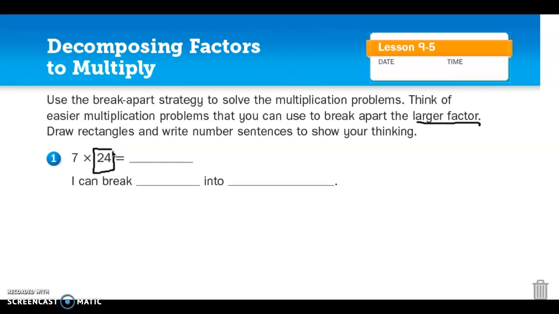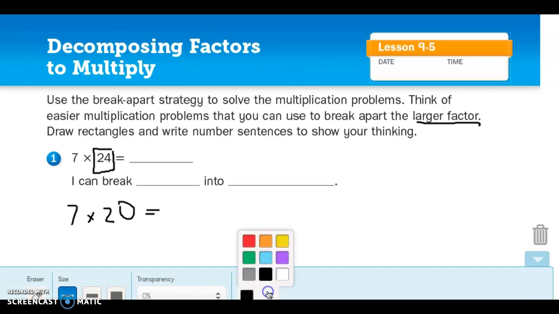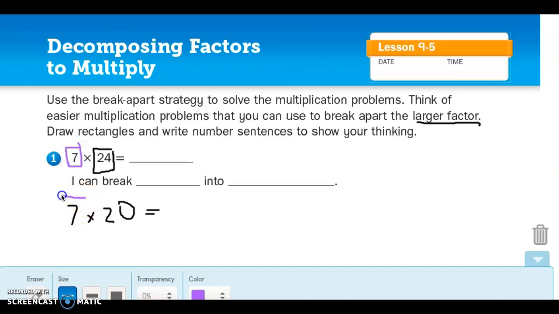So think about how you would break 24. I have an idea, but you might do something differently than me. I'm going to do 7 times 20. I'm breaking apart my 24, and we really need to remember to keep this one factor the exact same because we are multiplying by sevens.